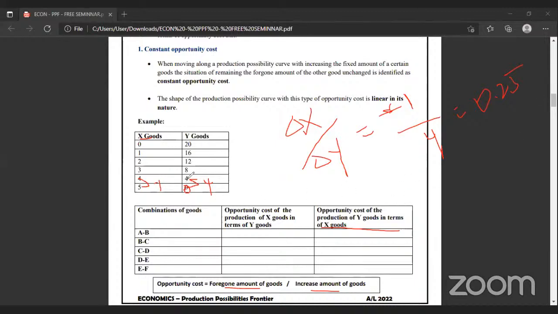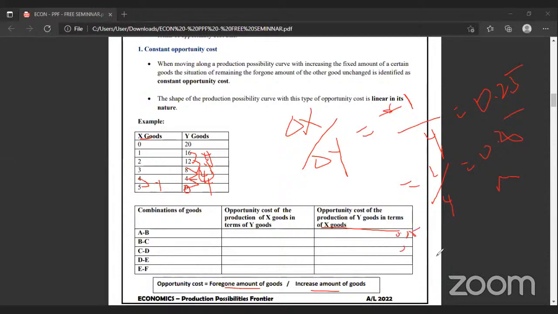Now when they increase from 4 to 8, again production increases by 4. They're increasing constantly by 4. You see that? Constantly, the production is increased by 4. How much are they sacrificing? 1 unit of X. So it will continuously be 1/4, 0.25, 0.25. So at this point, 0.25.